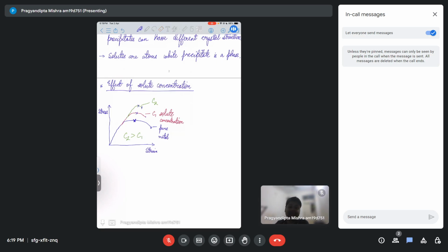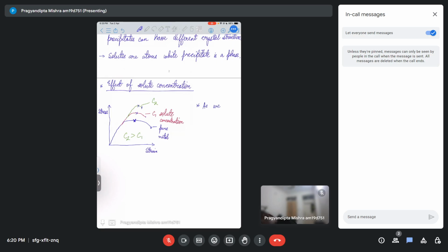So in order to find the right balance, you need some specific strength and some specific ductility. You have to add solute in that particular ratio which can give you that strength and ductility. So that's how you have to balance it out. Let's write it down.